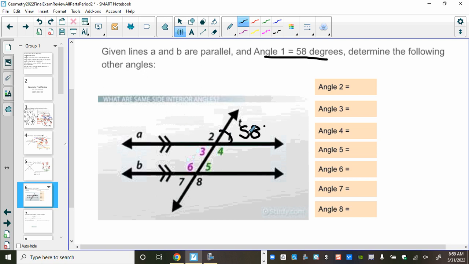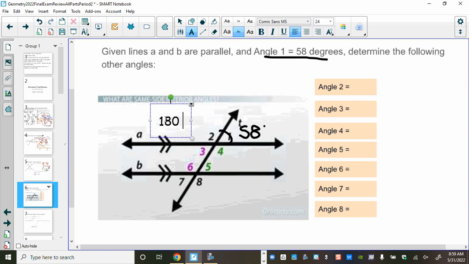What could we do with the 180 and the 58? The grand total is 180. What sign am I going to put between the 180 and the 58 to get that other angle?